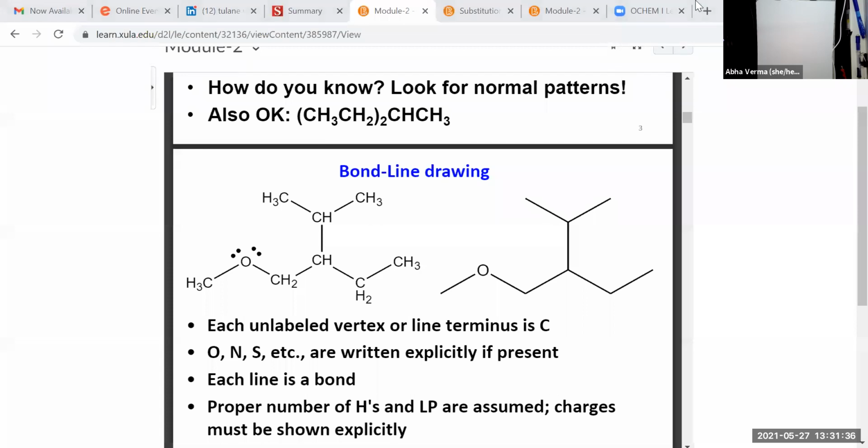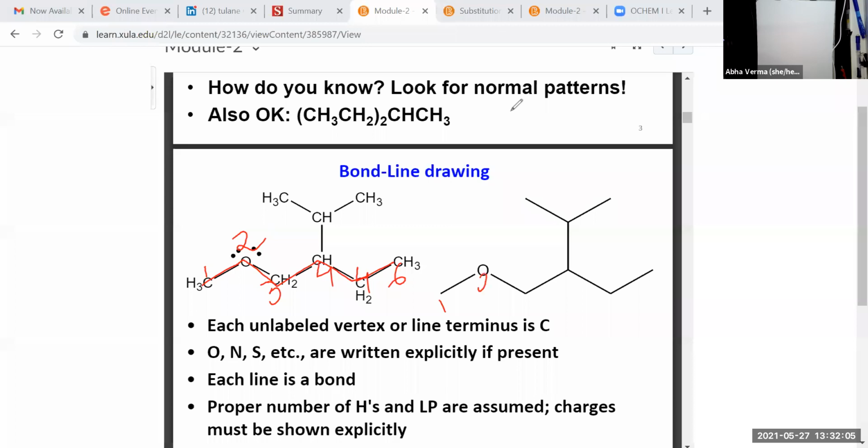So let's try to do the condensed structure. So this is a partly condensed structure, and this is the bond line structure. How did I make my bond line first of all? So I have these 1, 2, 3, 4, 5, 6 in the main chain or my linear chain.